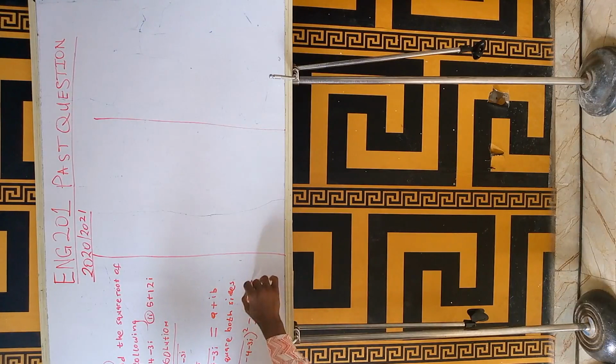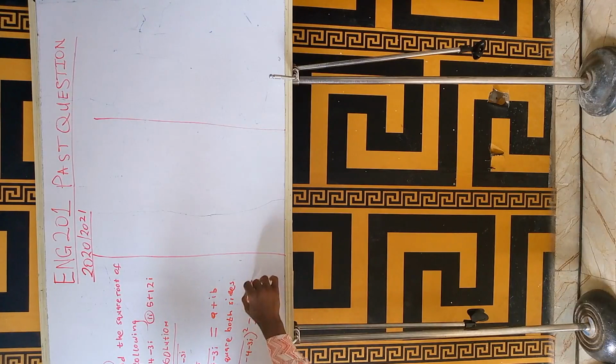I will open the bracket on the right hand side. Therefore, I will have minus 4 minus 3i equals a squared plus, because you have a times a squared, plus a times ib, plus ib times a, and ib times ib.